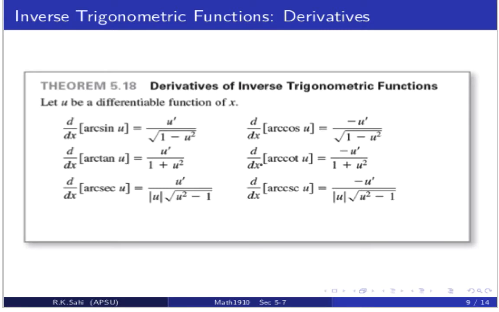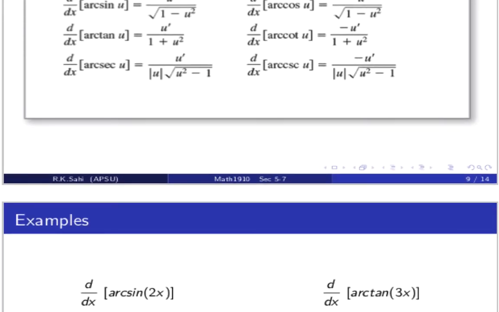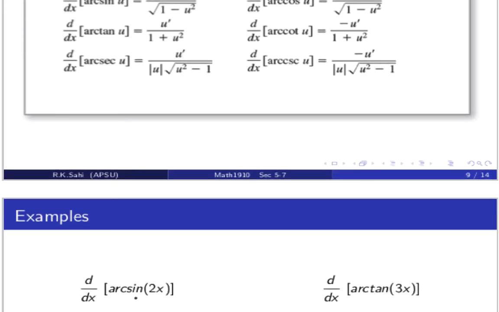Now what we're going to do? We are going to do examples. Lots and lots of them. Let's look at the first one. The differential of arc sine 2x, and then arc tangent.